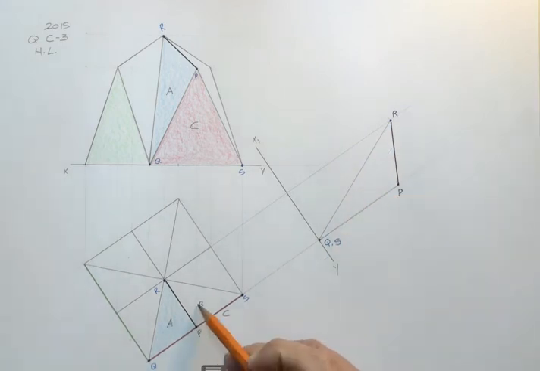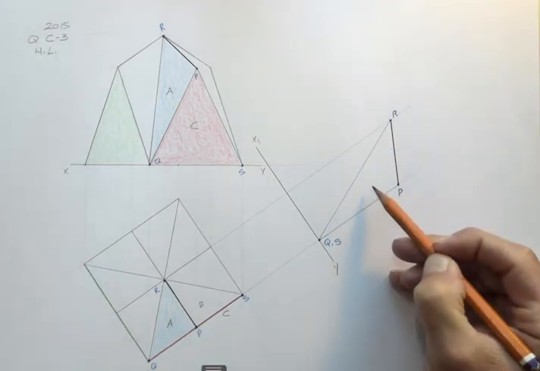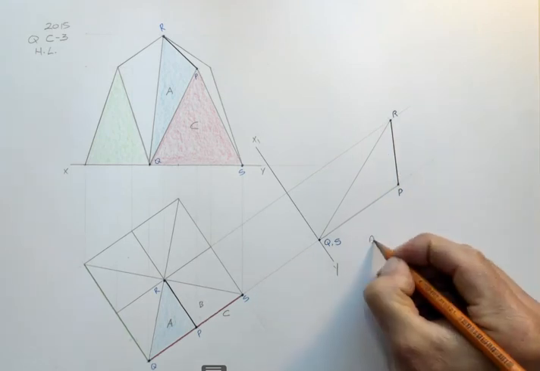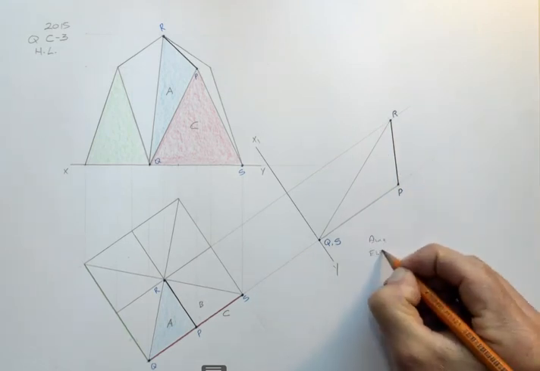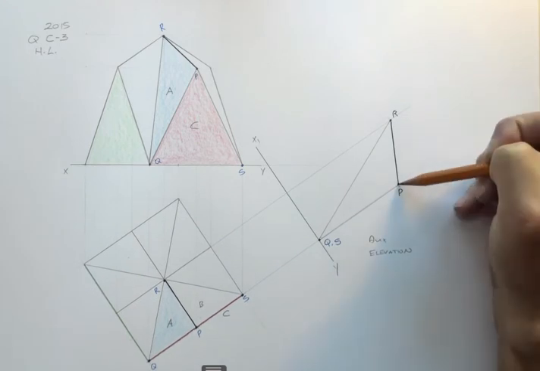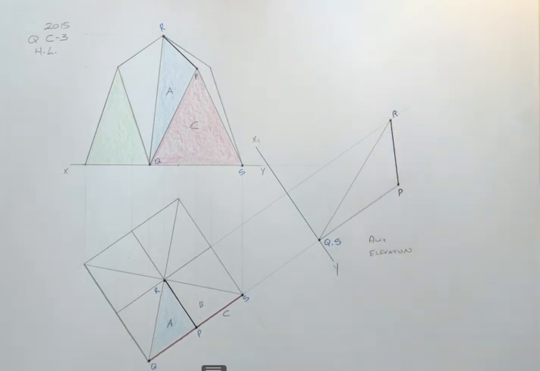So surfaces A and B, one is directly behind the other here. That is our true length of the line. This is our auxiliary elevation. And that shows us the true length of the line and the true inclination, in other words, the angle it makes with our XY line.